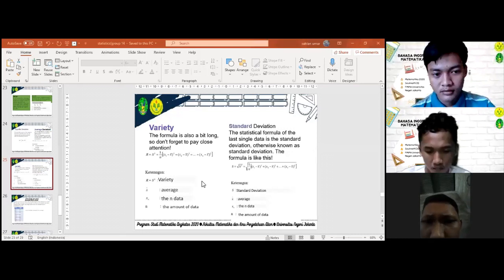As I know in statistics, the value of the average is unstable. Why? Because if we have one data point that is significantly different, the average of the data is very different.